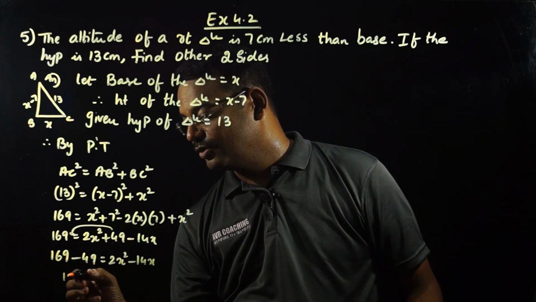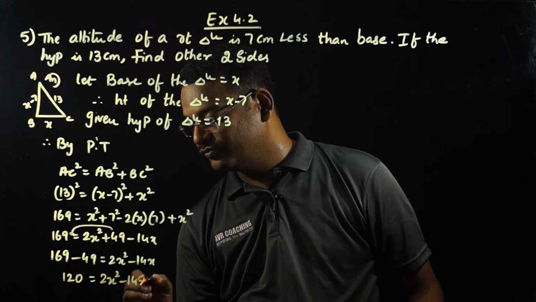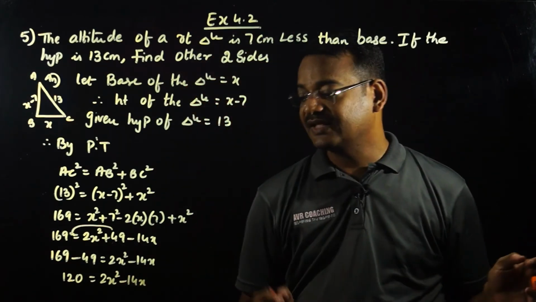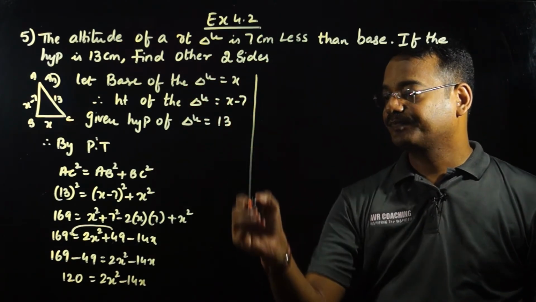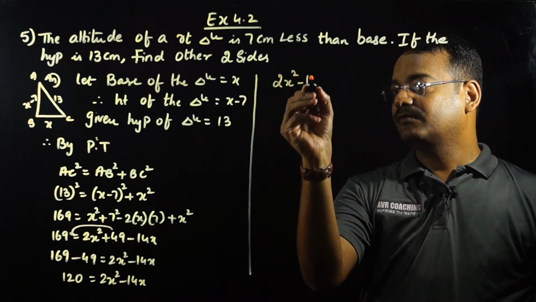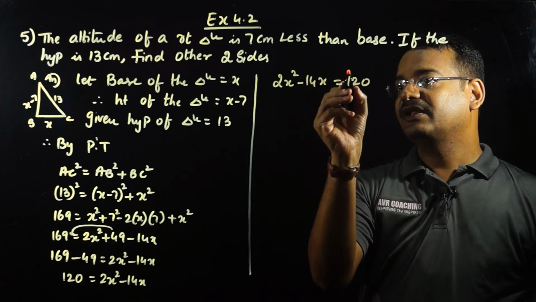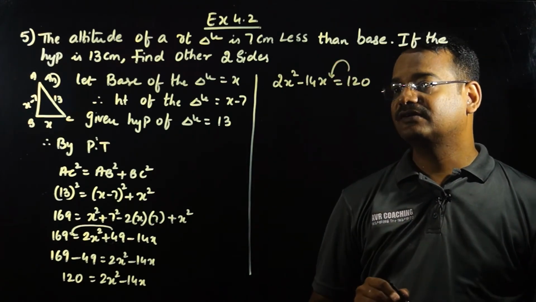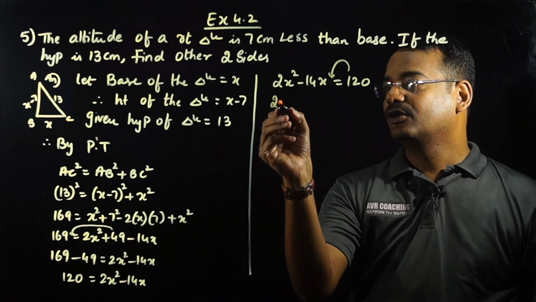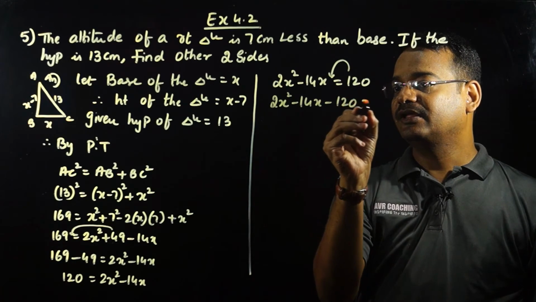So this will be 120 equal to 2x square minus 14x. This can also be written as 2x square minus 14x is equal to 120. If we bring 120 to the left hand side, this will be 2x square minus 14x minus 120 equal to 0.